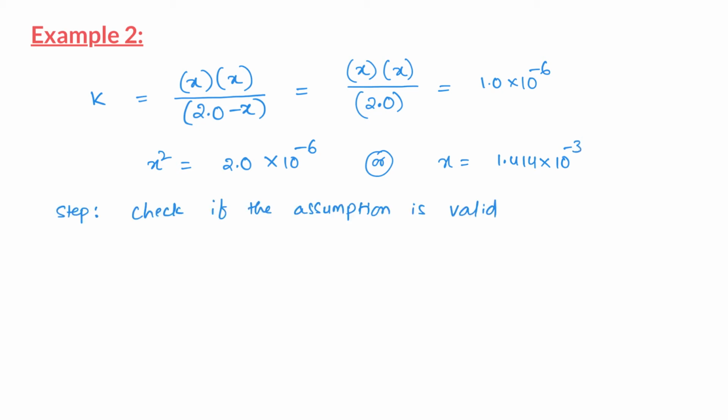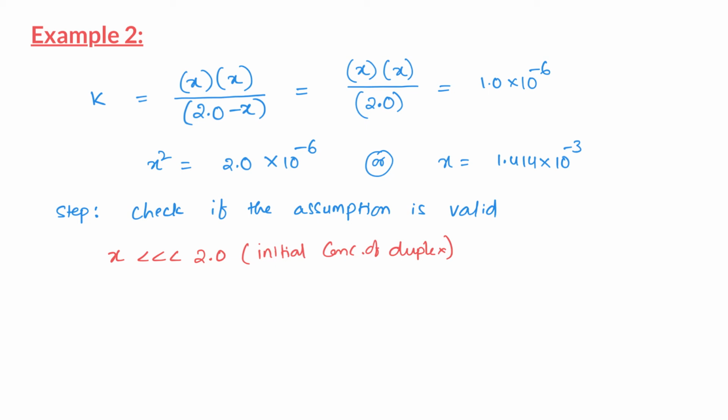The next step is to check if the assumption we made earlier is valid or not. This is a very important step. Our assumption is that X is small relative to 2.0 millimolar, which is the initial concentration of DNA duplex. And the value of X we calculated is 1.414 times 10 to the minus 3 millimolar.